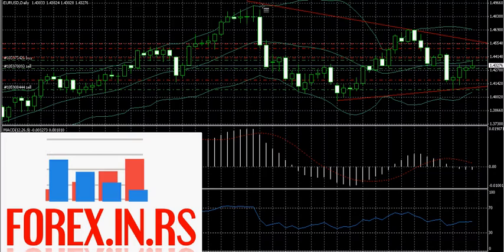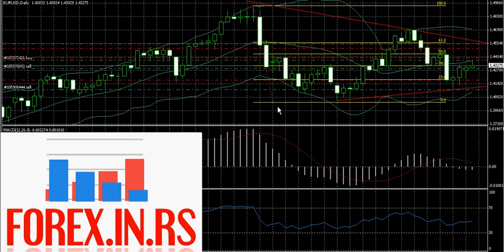Fibonacci and look, we can see this 50 area as a top.